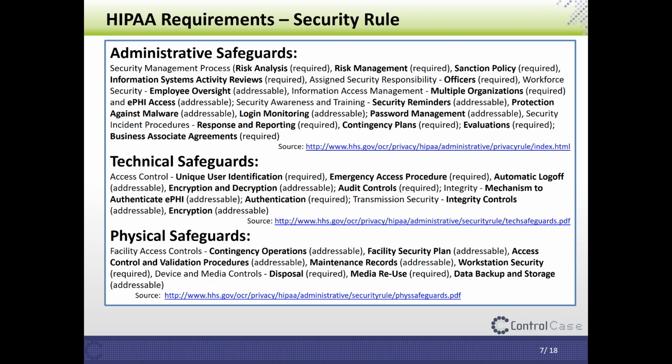And finally, the physical safeguards, which talk about things like cameras and badges and a facility secure plan, ensuring that media is appropriately encrypted, data backup and storage, and so forth. So we talked about the privacy rules, and then we talked about the security rule, and the security rule itself has three components in it.